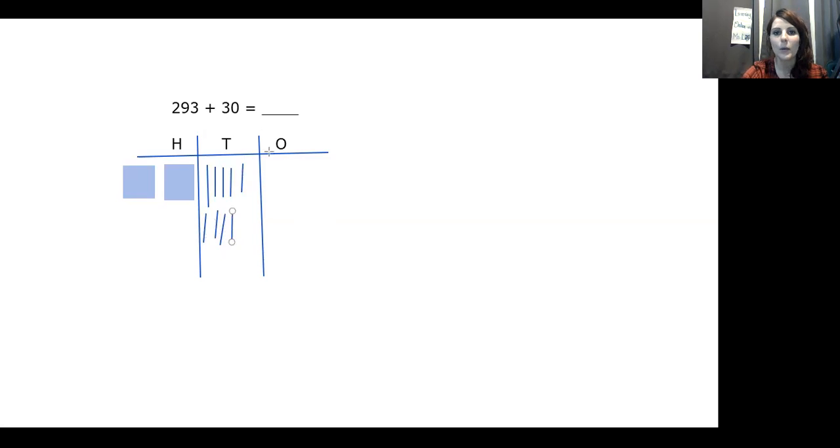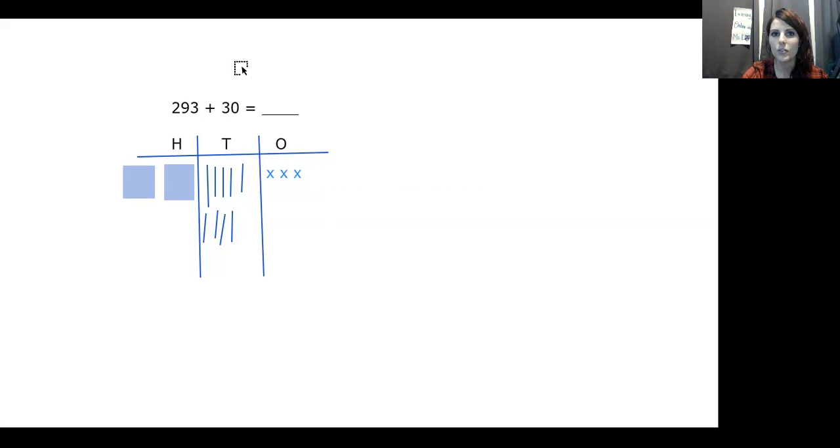Then 3 ones. I'm going to use text for that because it's easier. Add my little X's right here for the 3 ones. X, X, X. All right, I've got 3 ones, 9 tens, and 2 hundreds, which has a value of 290 and 3.